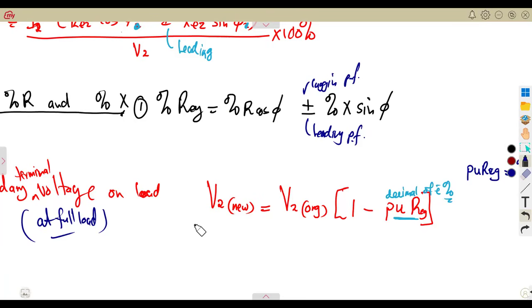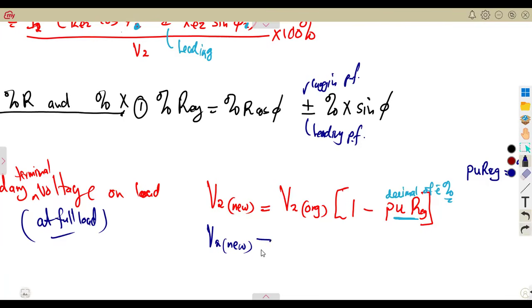You are going to notice that V2 is the original. We are talking about open circuit conditions at no load. But V2 new is at on load, when it is now a closed circuit. You will notice that the voltage you are referring to as the new voltage at the terminal of the secondary can be related in two ways compared to the original voltage.